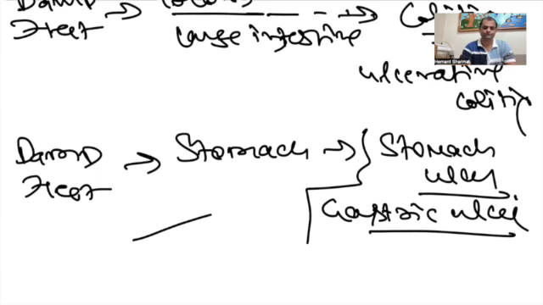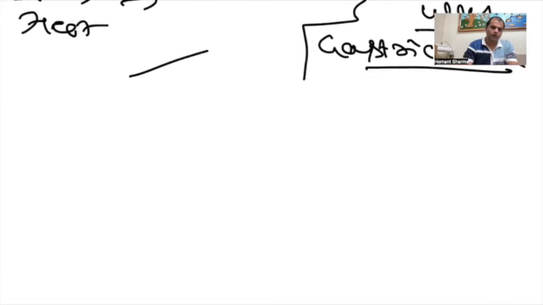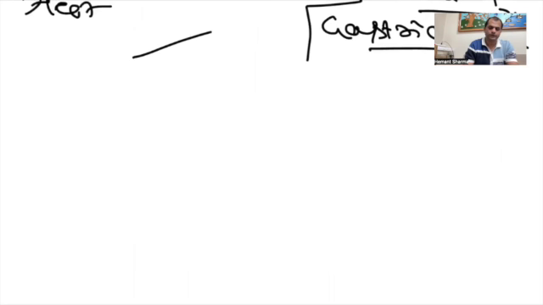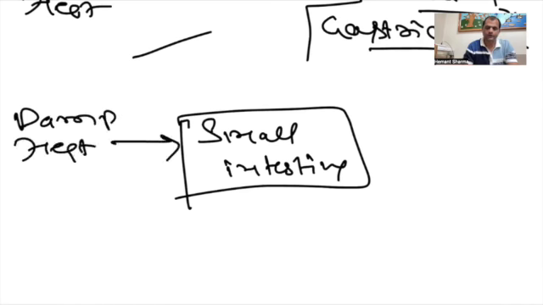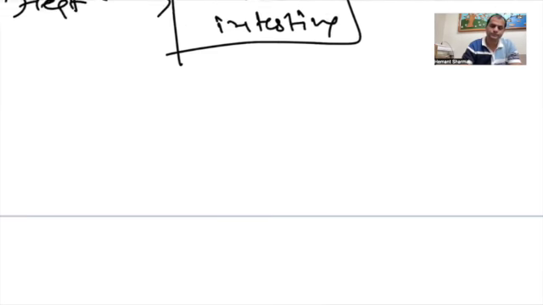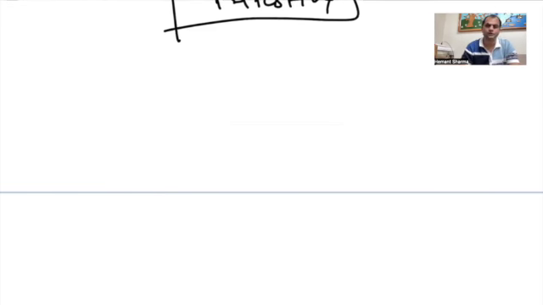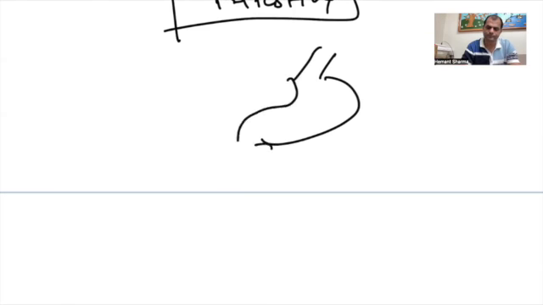So in this way, if we talk about the small intestine, if the damp heat attacks the small intestine, we can divide the small intestine into 3 parts. So if this is the stomach, this is the first part of the small intestine.